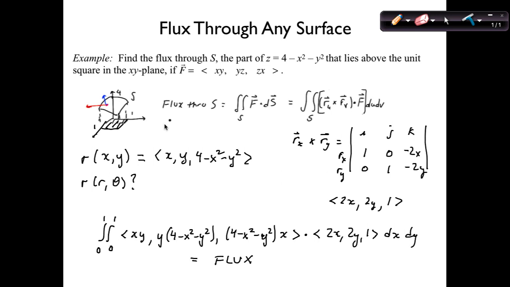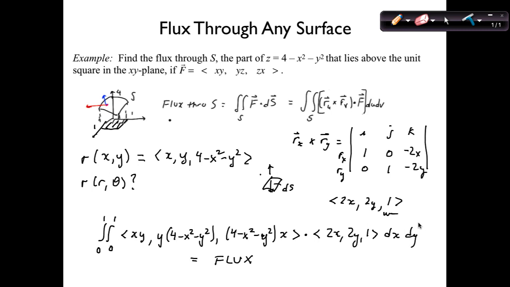Well, if you think of a little element of that surface, there's a little dS element. We calculated Rx cross Ry. What do you notice about it? Will it be pointed like this or this? Up. The z component of our Rx cross Ry is positive, so our little area vector, our dS vector, is pointing up. So this flux is relative to up being positive.